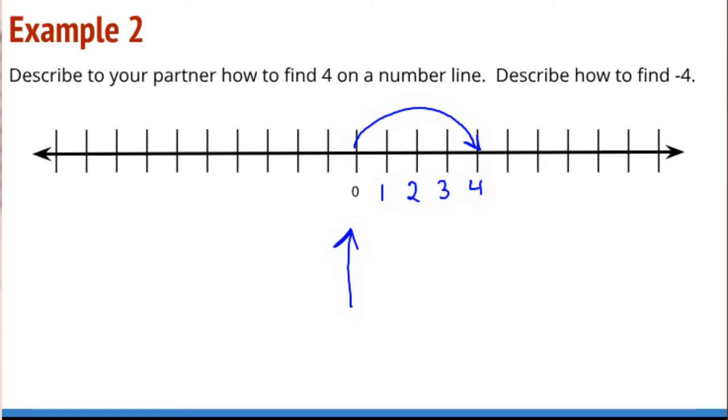So the number 4 means start at 0 and move 4 units in the positive direction. To find negative 4, I start at 0, and I am going to move 1, 2, 3, 4 in the negative direction.